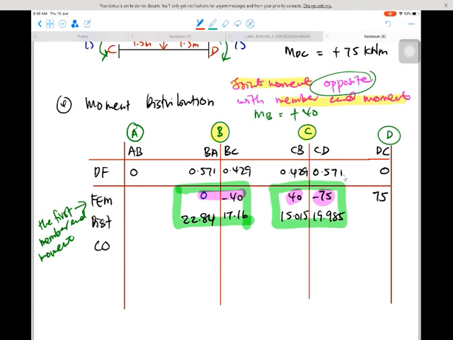We carry the value here, here, here and here. Actually for A and D, since A and D are fixed, the original process is like this.